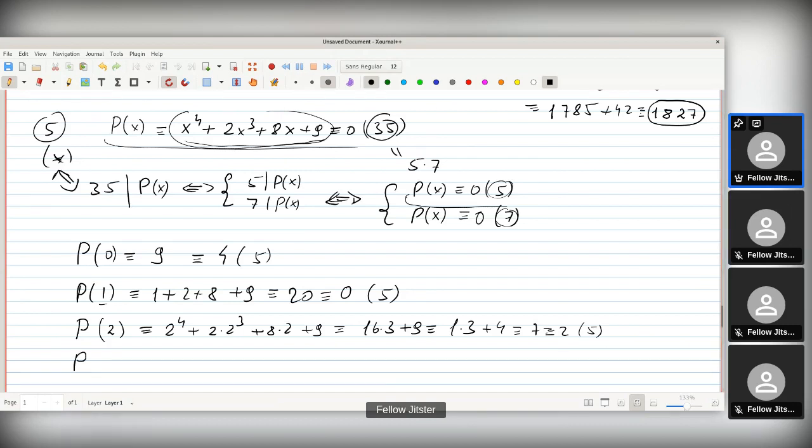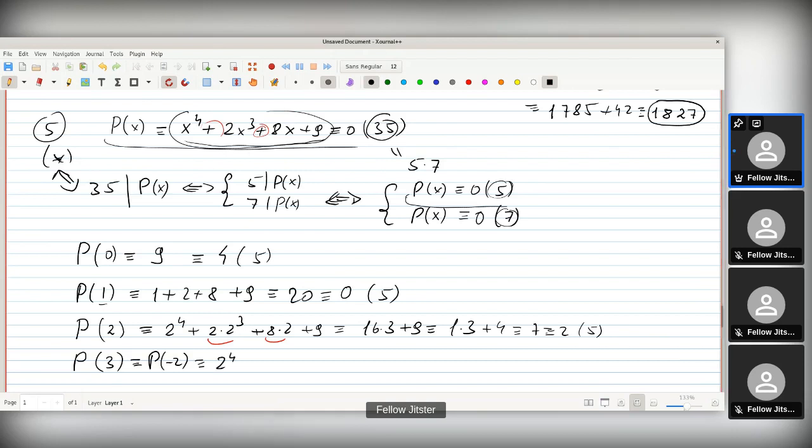And what about 3? I can simplify things a little. 3 is what modulo 5? -2. Exactly. So I will obtain the same here, but with different signs at our odd degree monomials.